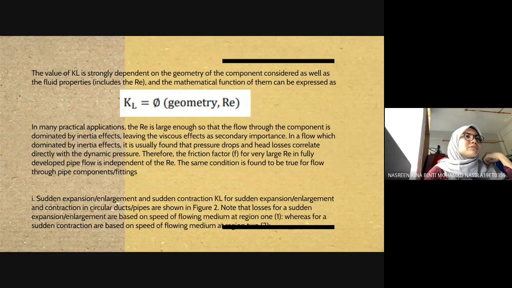Based on this equation, we can see that P1 minus P2 is the pressure drop between 2 points in Pascal, rho is the density of the flowing medium, g is the gravity constant 9.81, and V1 minus V2 is the change of velocity of the flowing medium from point 1 to point 2.